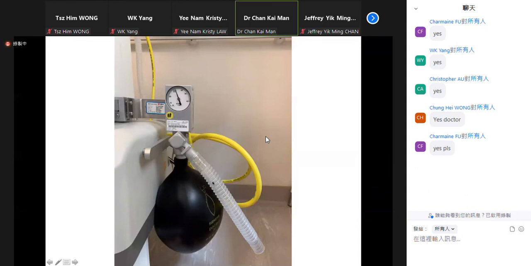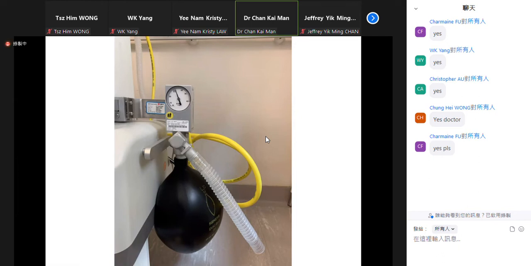We look at the scavenger. In COVID, we routinely used a scavenger to try to minimize contamination of the environment. So at the expiratory exhaust port of the ventilator, we routinely connect a scavenging system to the hospital vacuum using this device, and we found that the reservoir bag was quite distended.